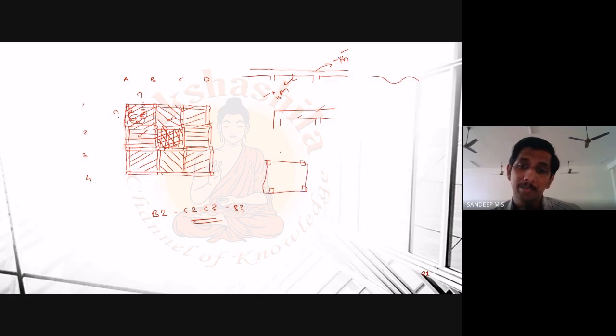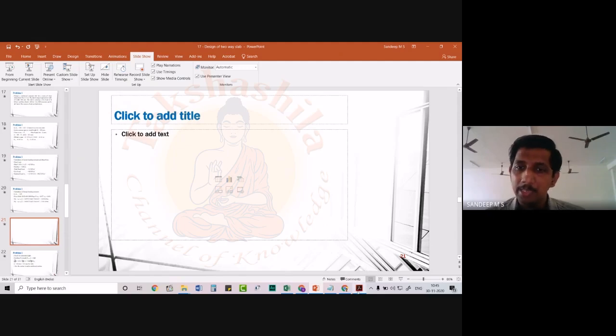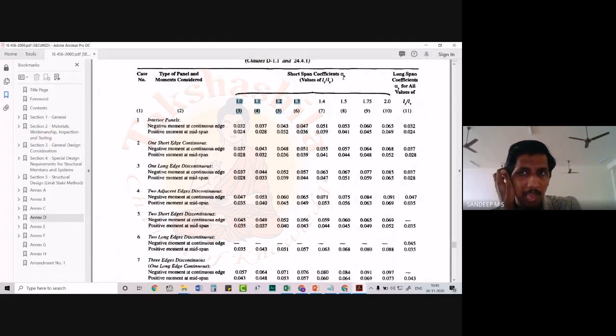If you consider this slab, it is discontinuous on all the 4 sides. That means there won't be any negative moments. Negative moments will not be present in this particular case because it is not at all continuous along any of its edges. If it is continuous at any of the edges, you will have a negative moment. That is what you have to understand. I hope that thing is clear to you. Based on this, they are actually giving different coefficients for alpha x.